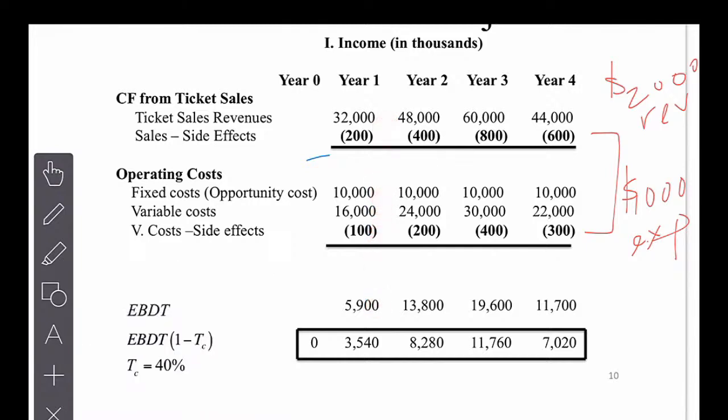Going down, you end up with $5,900,000 in the first year, $13,800,000 in the second, and so on. So you have computed earnings before depreciation and before taxes. Now we got to take the taxes off, and that leaves these amounts. These are the cash flows for income. After all that work, these are what you're going to put into your NPV calculation.